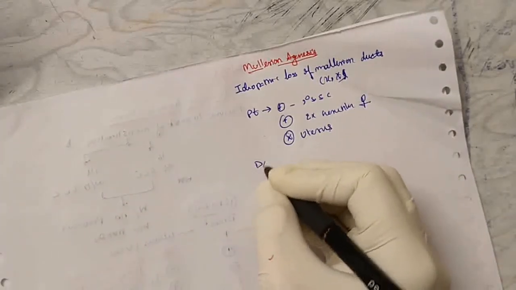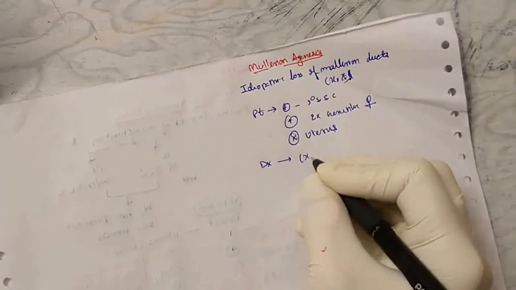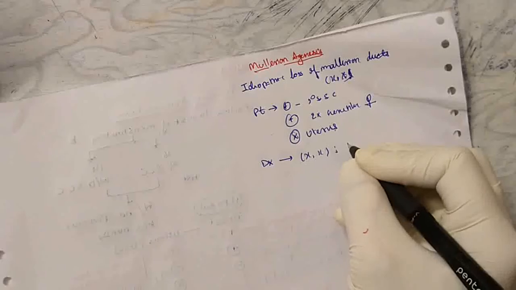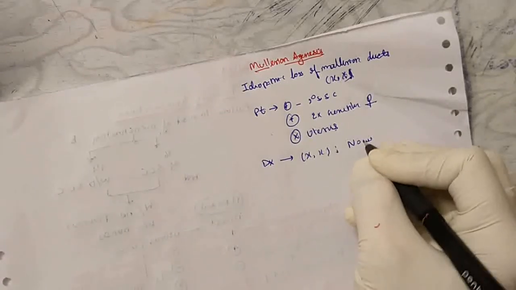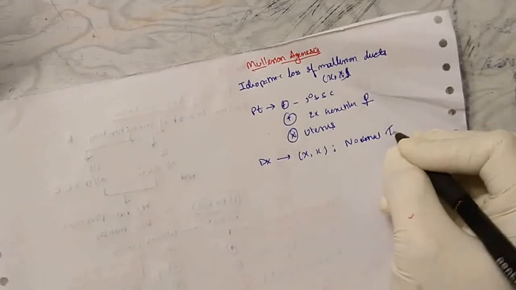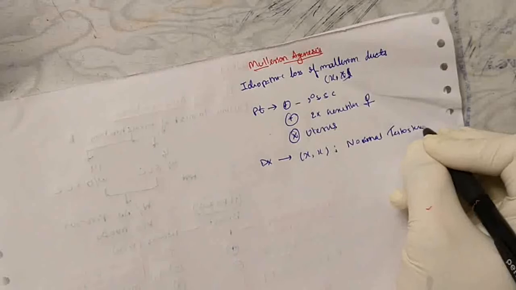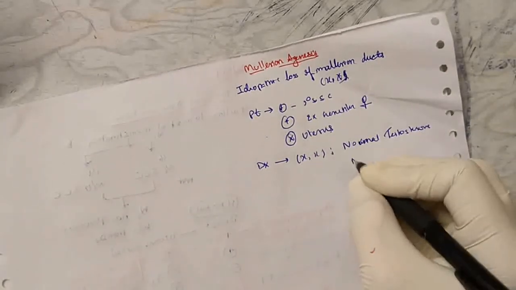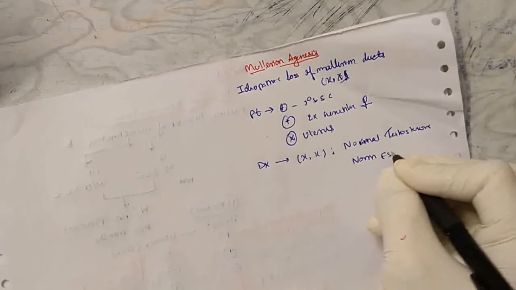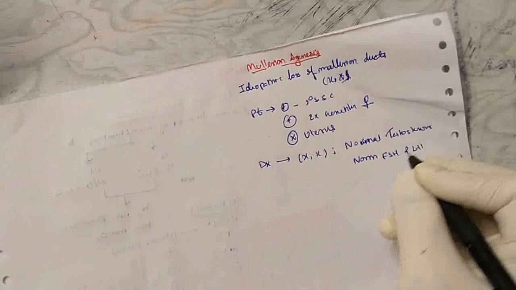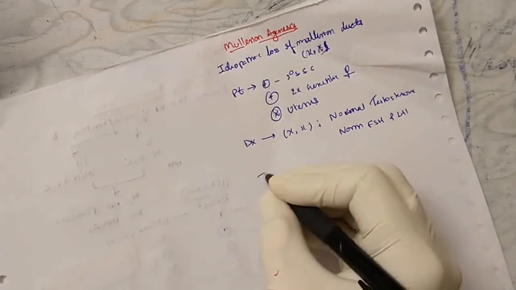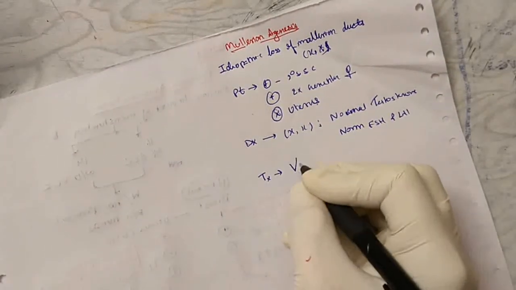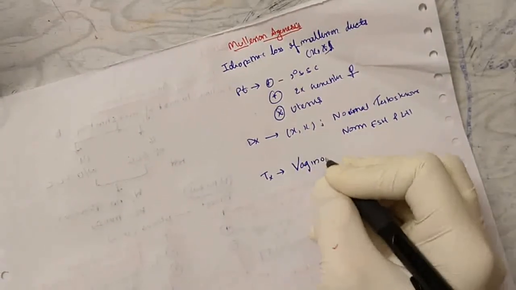Diagnosis is made by presence of XX chromosome with normal testosterone and normal FSH and LH. Treatment is vaginoplasty.